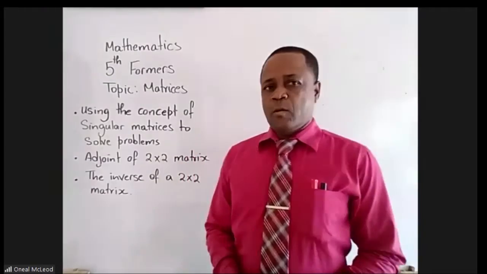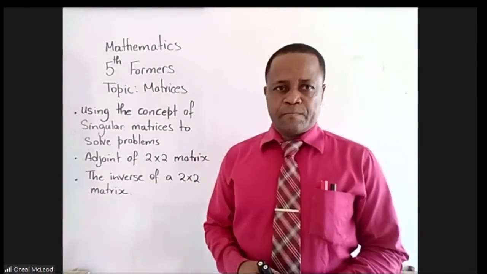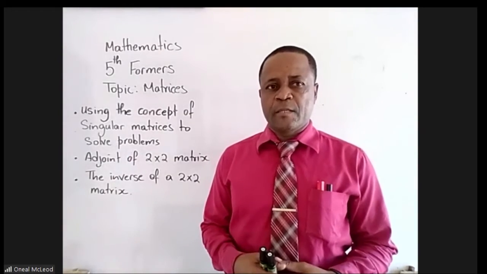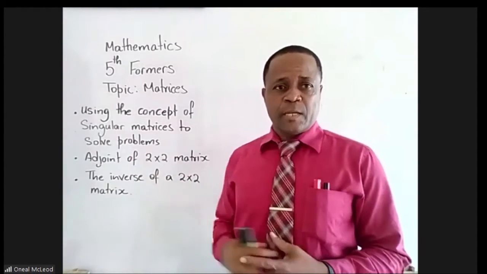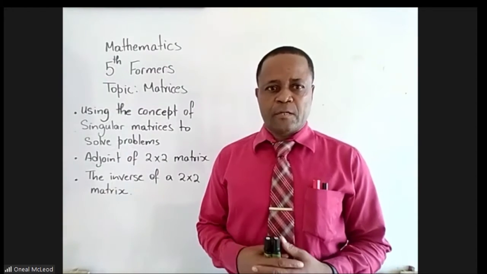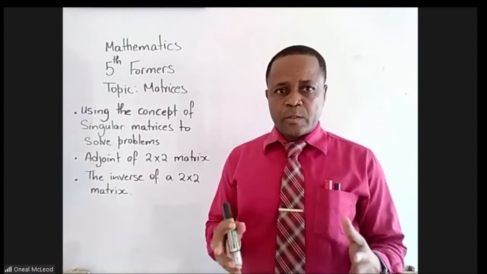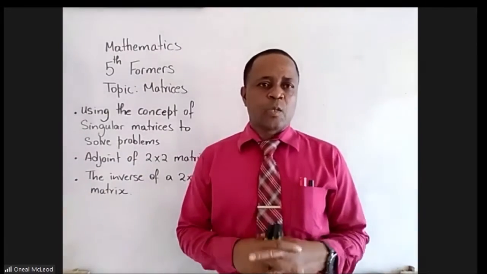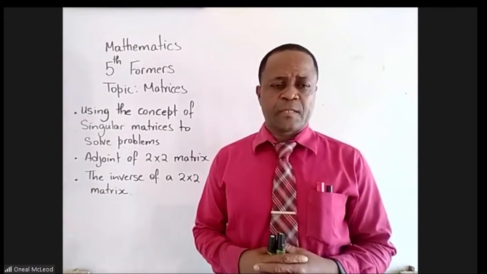All right. Now, if you notice right behind me, the things that we will be looking at for this session is that we're going to continue a little bit more on singular matrices. Good. We want to see how we can use the concept of singular matrices to solve problems. All right.